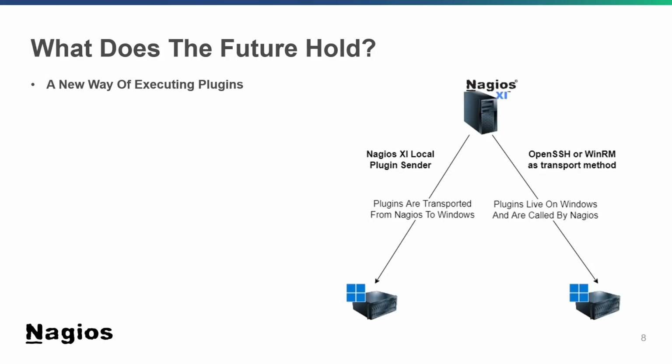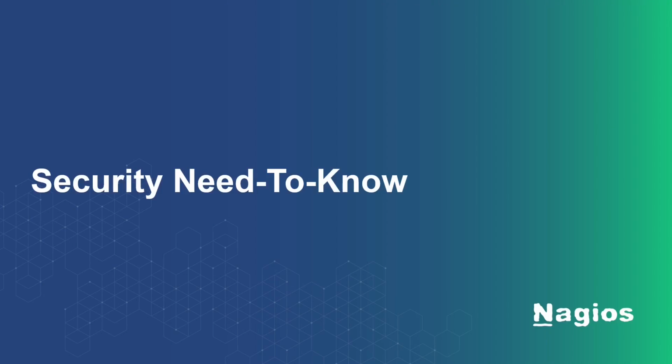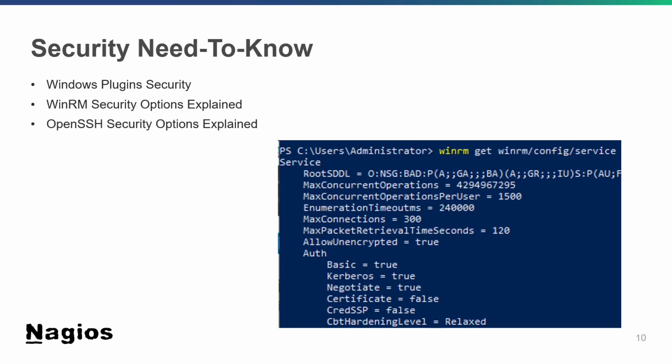Next up, the security need to know. It's time for some nitty gritty here. Okay. So starting off with the new Windows plugins. So far, these plugins have been tested with some very basic user credentials within Windows and should not require administrator privilege.